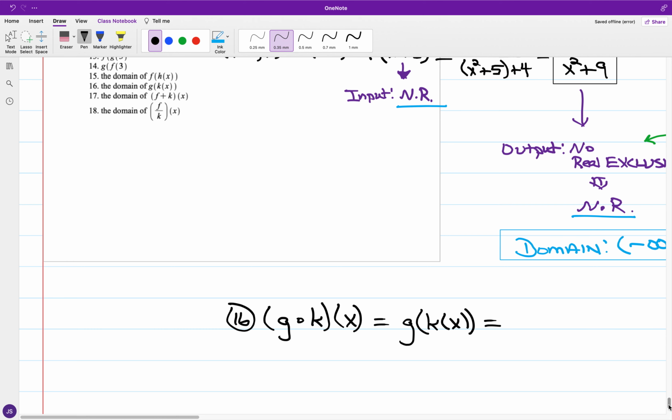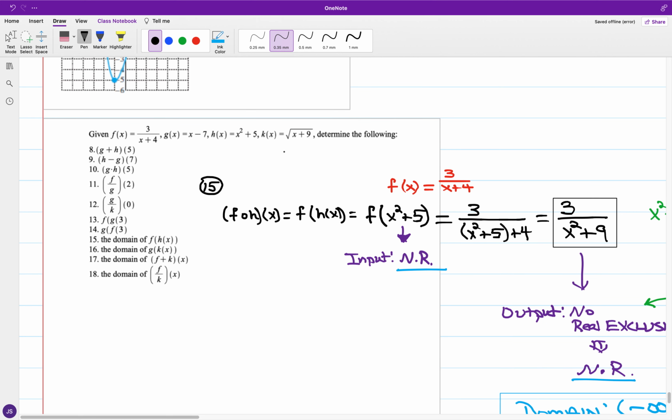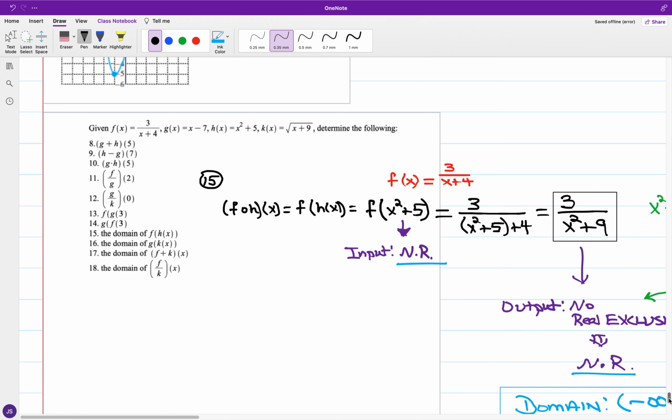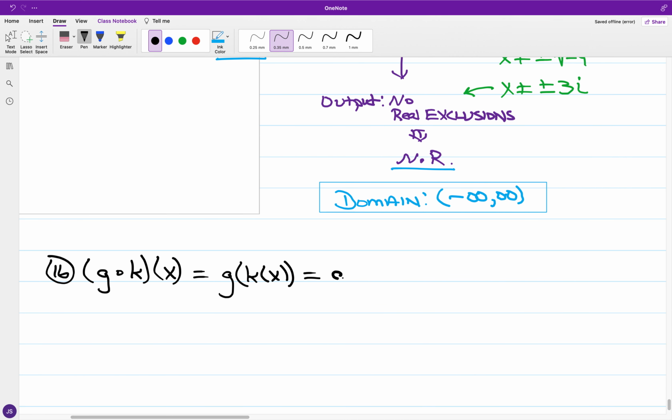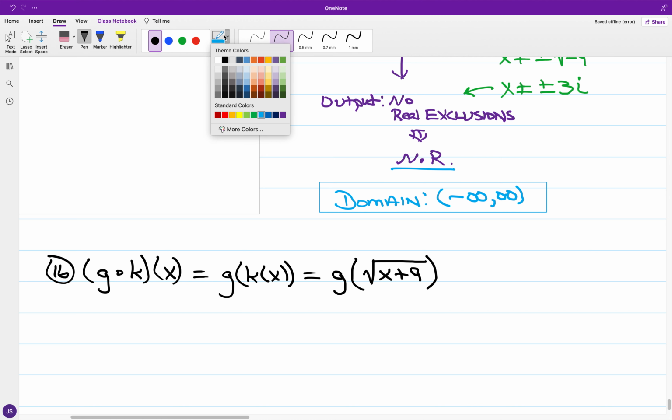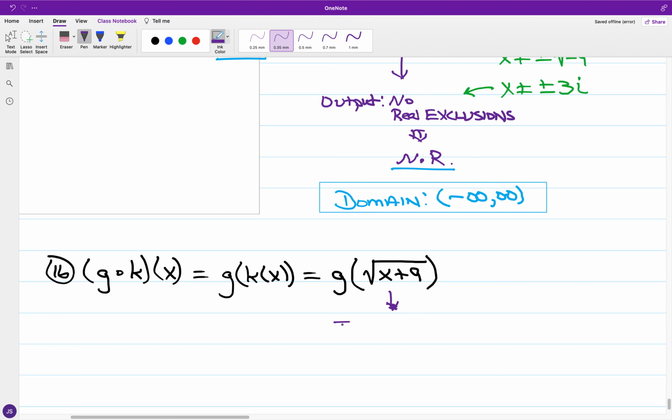Now I'm going ahead and specifying the input. The k of x function is going to be the square root of x plus 9. And for what we have in the case of the input, there is going to be a restriction.